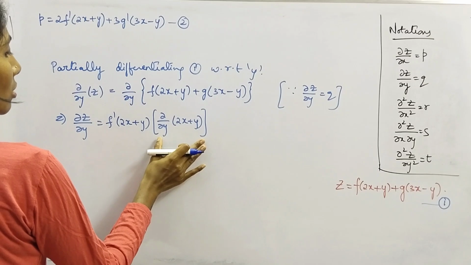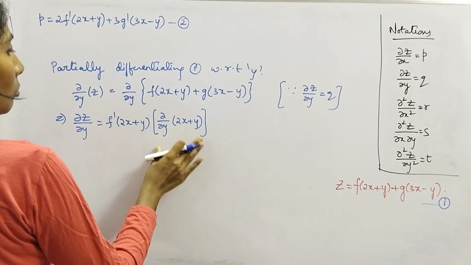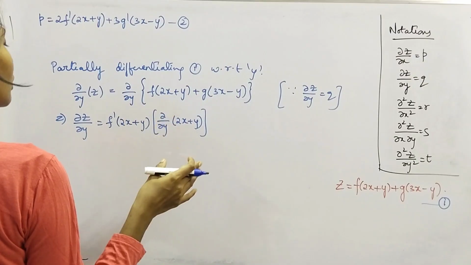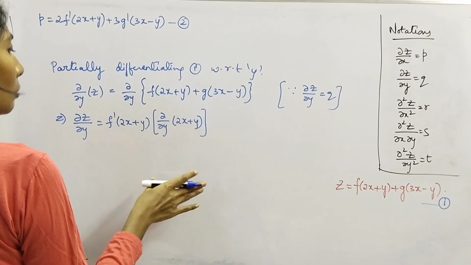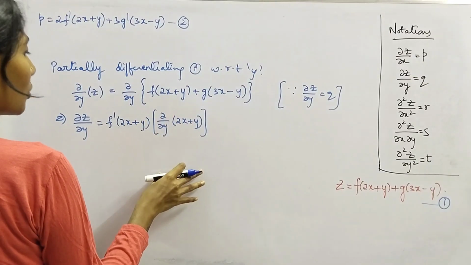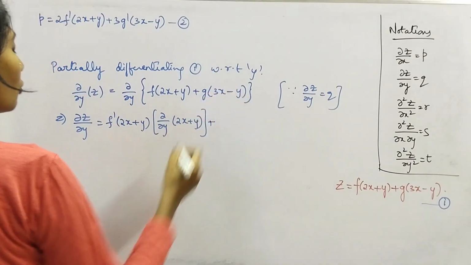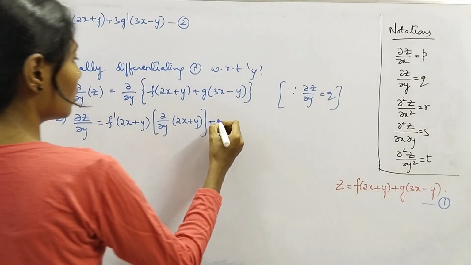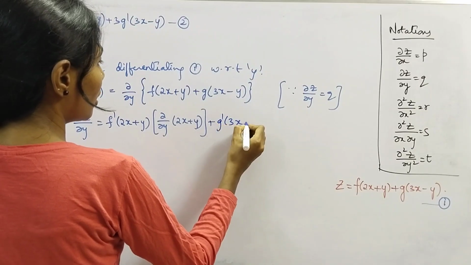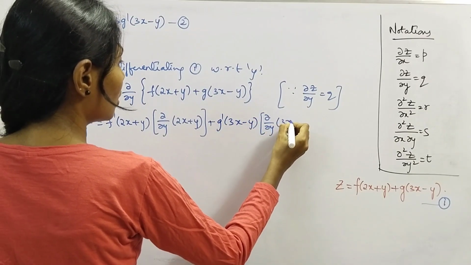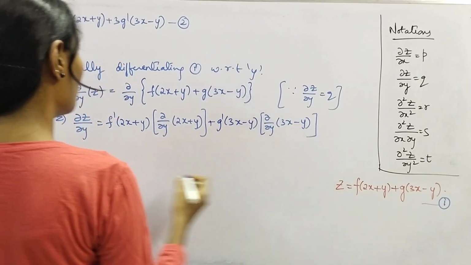It's not necessary to write this, but many people don't know how to find the inner derivative, so for the sake of those people, I'm doing it. Plus partial derivative of g of 3x minus y is g dash of 3x minus y into inner derivative dou by dou y of 3x minus y.